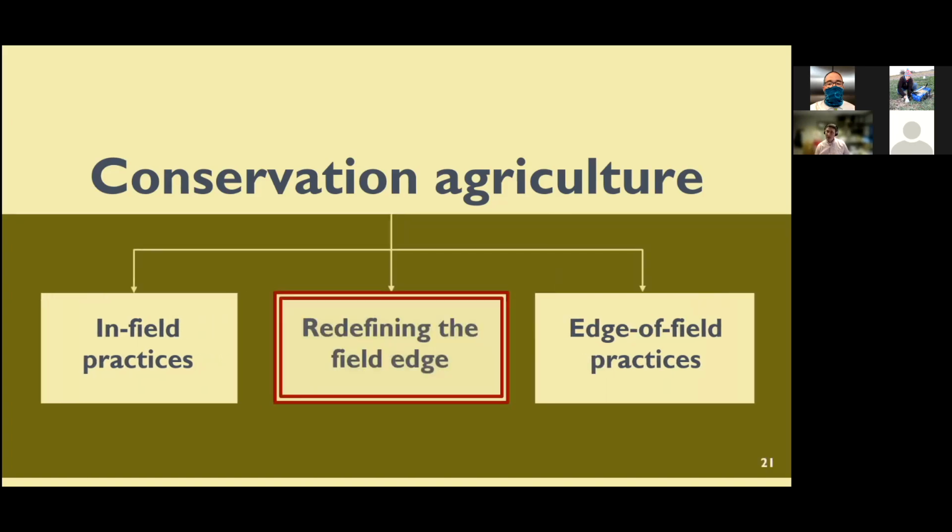Maybe that's where this redefining terminology is coming from. It lets us rethink those boundaries, rethink the field areas that we're farming or not farming from a row crop perspective. They fit a little differently in that thought process because there is some land use change occurring, but we're getting some of the benefits in field as well.